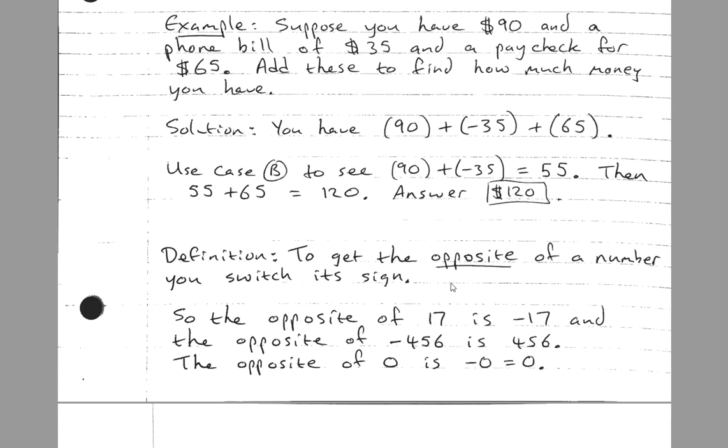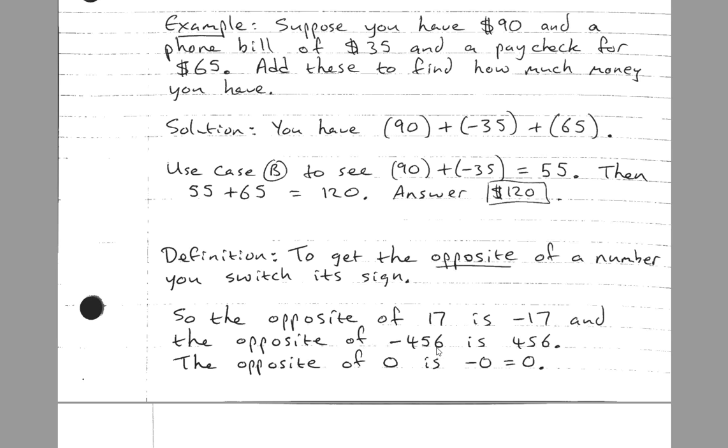Okay, one more idea. We'll use this in the next section. To get the opposite of a number, just switch its sign. So another easy idea. The opposite of 17 is negative 17.